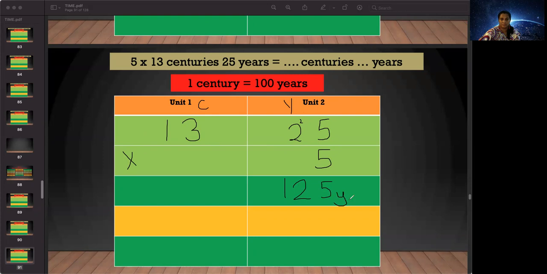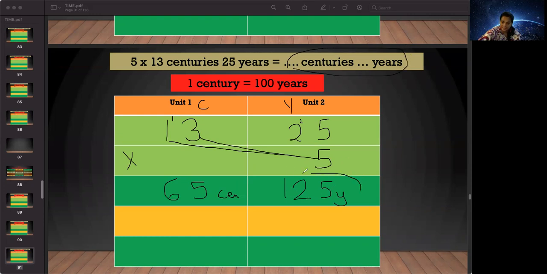Don't forget the unit. Then 13 times 5: 3 times 5, 15. Carry your 1. 1 times 5, 5, plus 1, 6. So we'll have 65 centuries and 125 years. The question is asking us to answer in centuries and years.